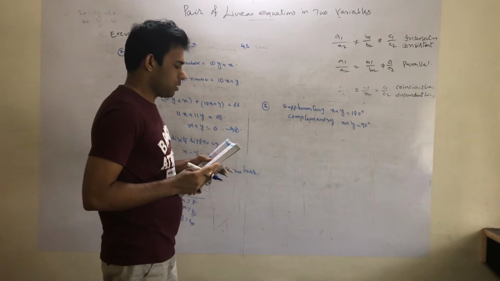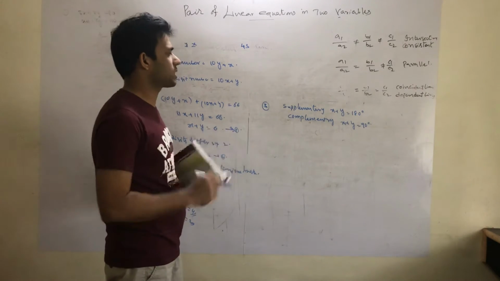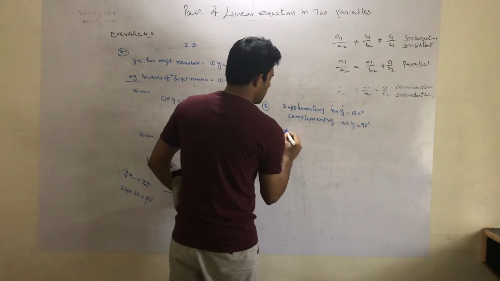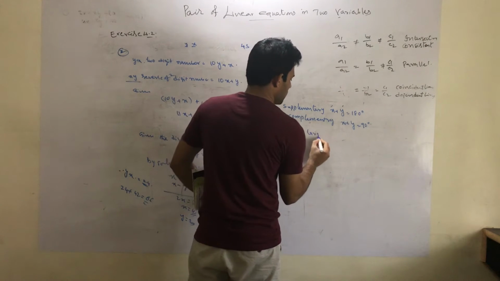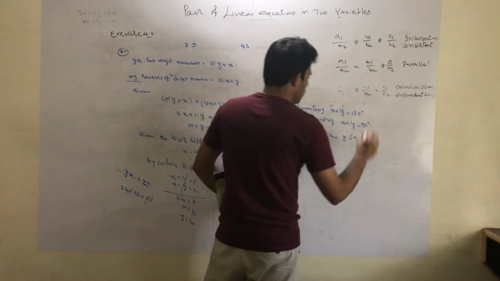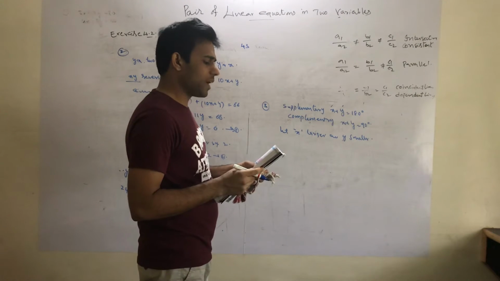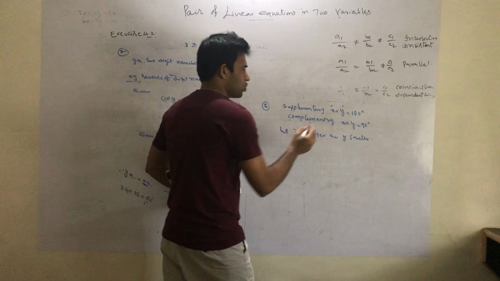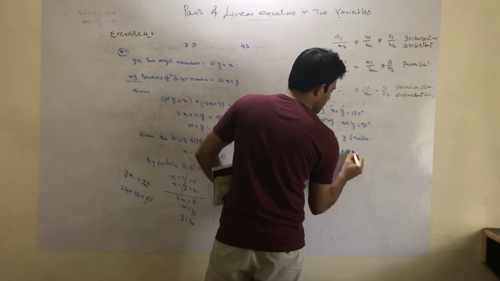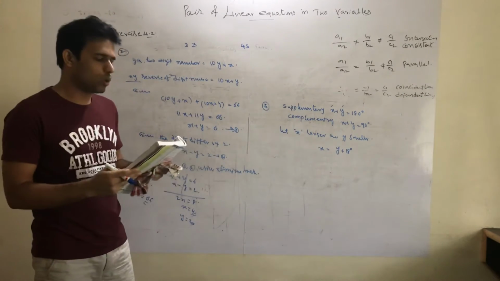The larger of two supplementary angles exceeds the smaller by 18 degrees. Let's say x is the larger angle and y is the smaller angle. What is given is that the larger exceeds the smaller by 18, so x is y plus 18. That's the statement number 2.